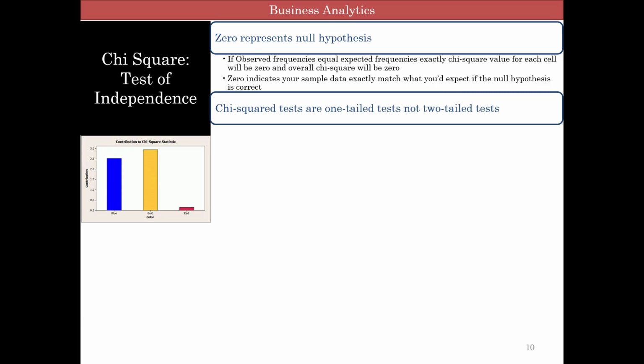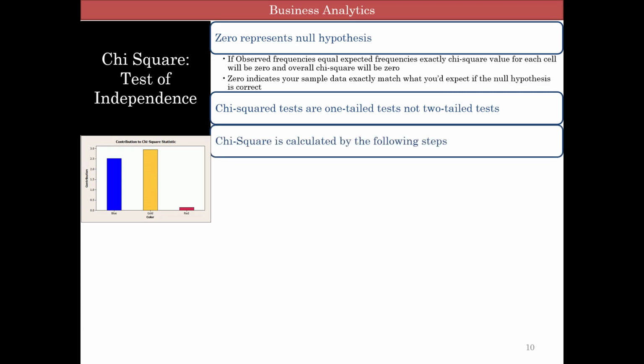Also understand that chi-square tests are one-tailed, not two-tailed, and therefore you always compare them with alpha. And you calculate it by the following steps, as we talked about. You take the observed minus the expected for each value, you square that difference, and you divide that squared value by the expected value, and you add it all up.